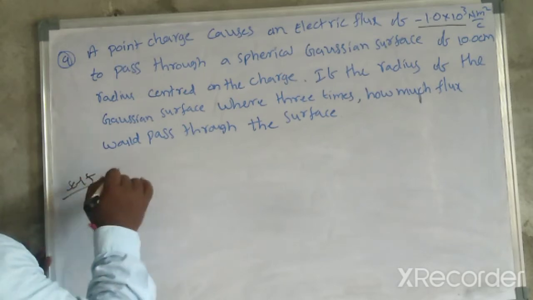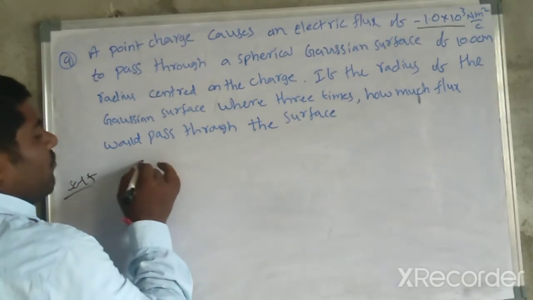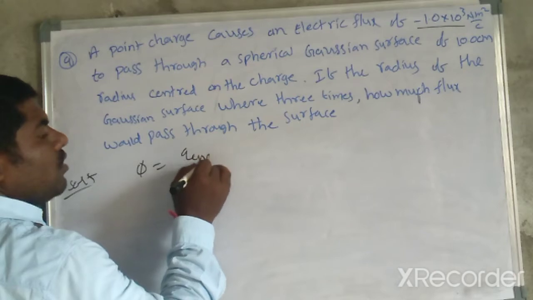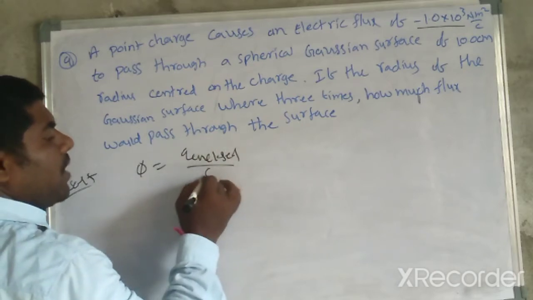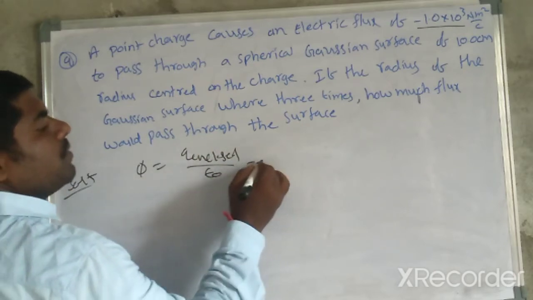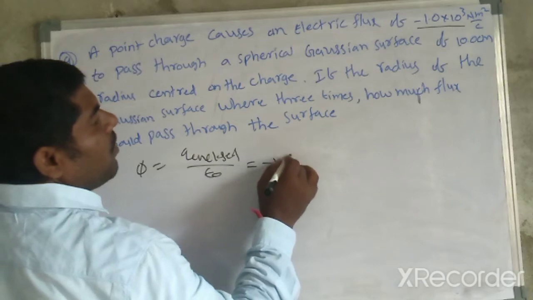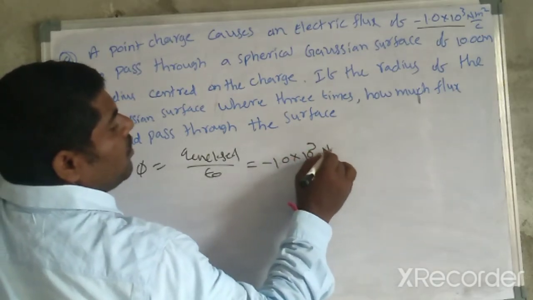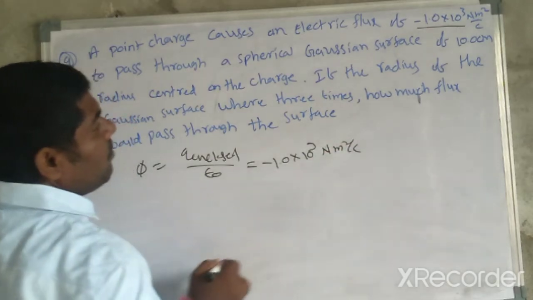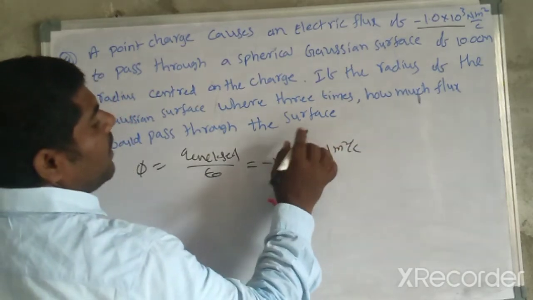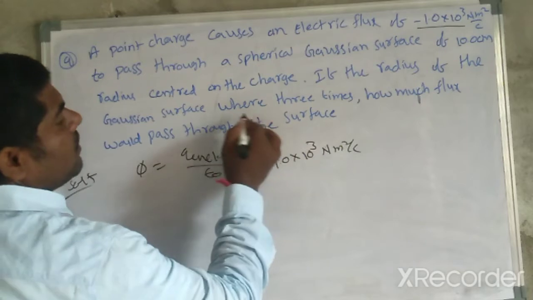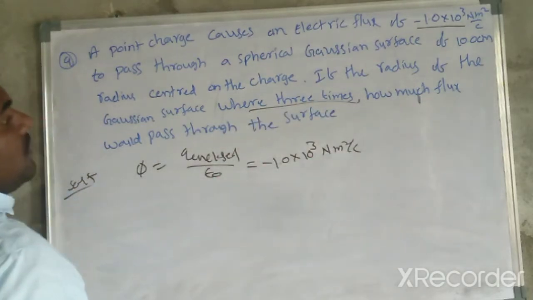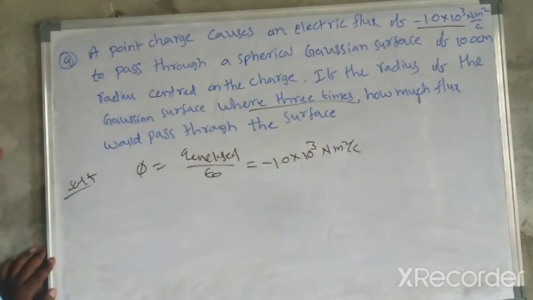Solution: according to Gauss law, flux is equal to q enclosed upon epsilon naught. This value should be equal to the given minus 1.0 × 10^3 Newton meters per coulomb. But here the flux is independent of the radius.